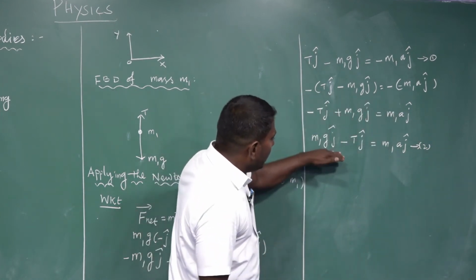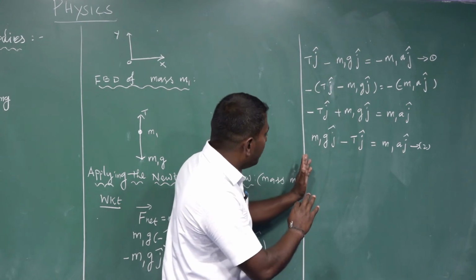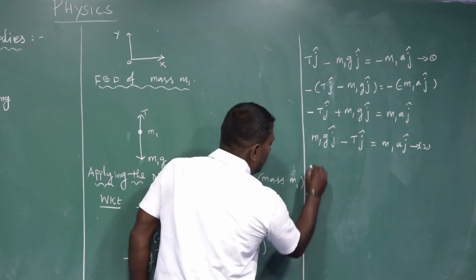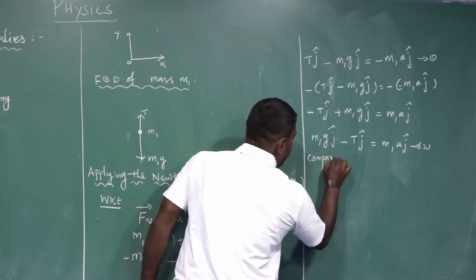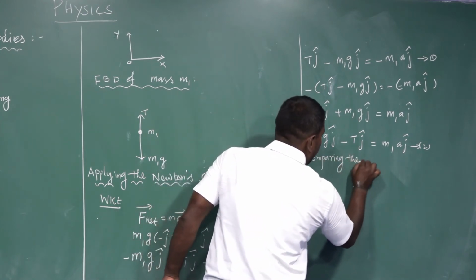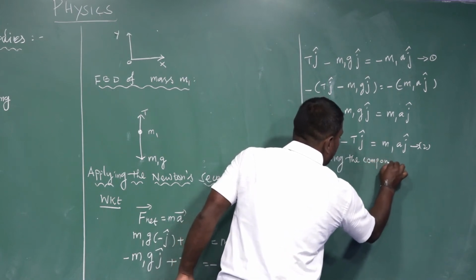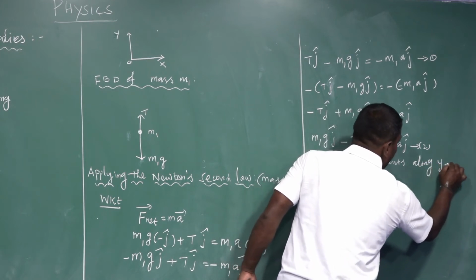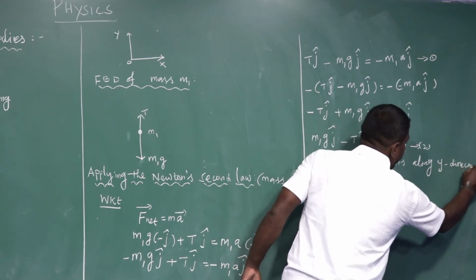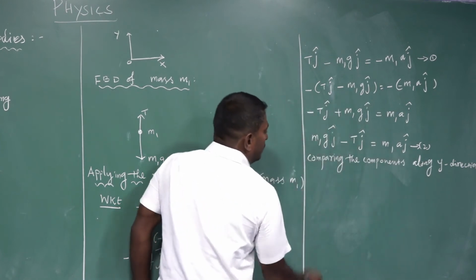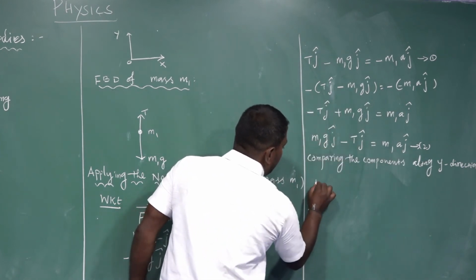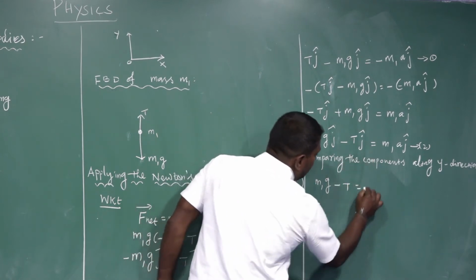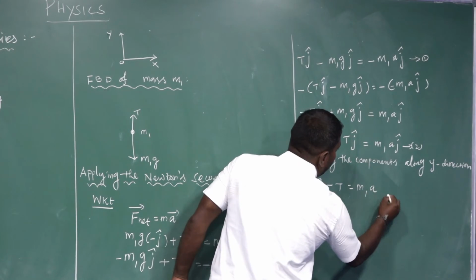Now, in equation 2, comparing the components along the y direction, m1g minus T is equal to m1a.